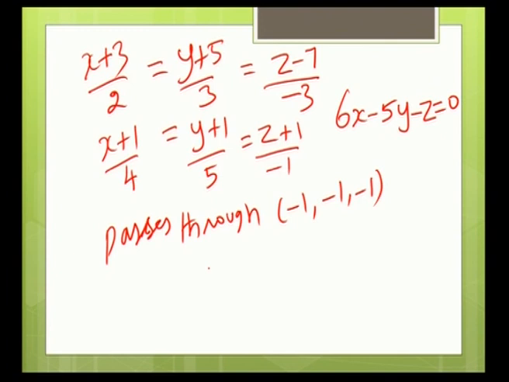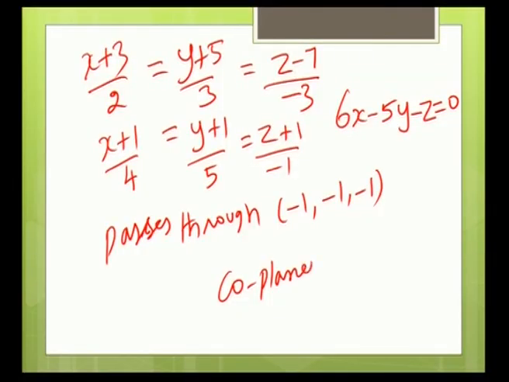So, these two lines are coplanar. This is how we can solve this problem. So in this problem we learnt how to show that two lines are coplanar and find the equation of a plane containing them.